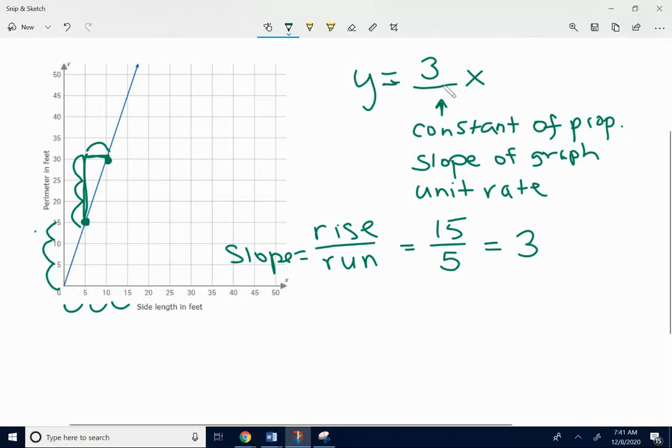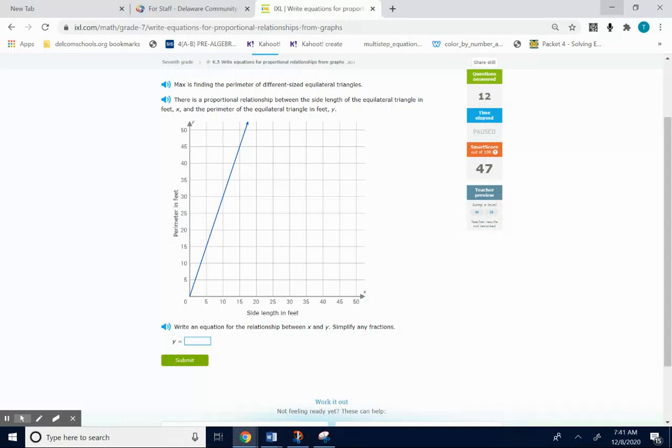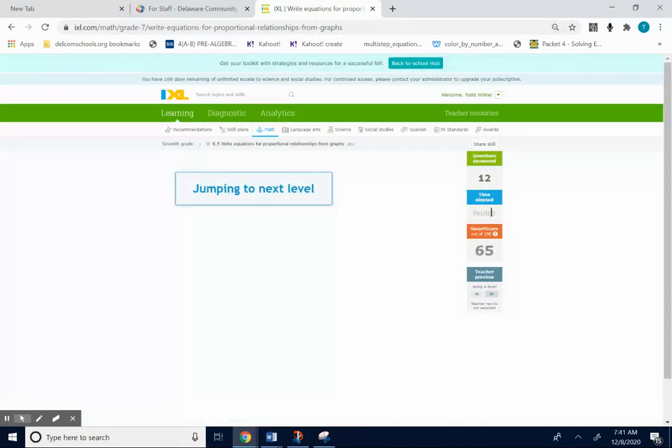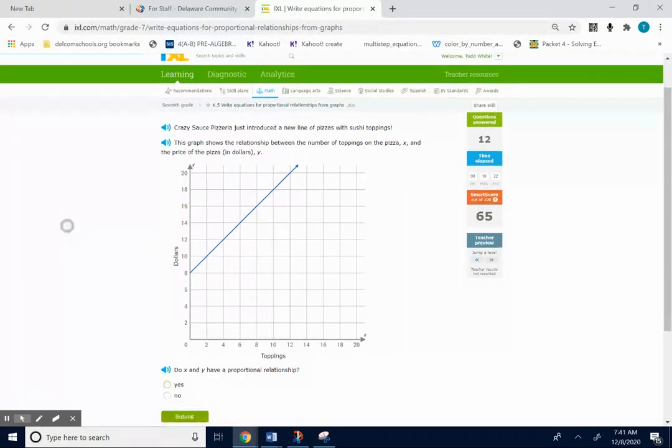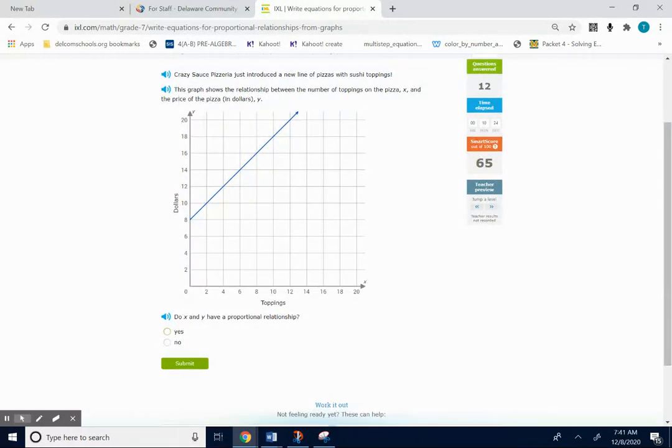Okay, I want to show you something though. When you get a little bit further on, they may ask you if a graph is proportional, like in this problem here. Okay, the graph shows the relationship between the number of toppings on a pizza, x, and the price of the pizza, y.